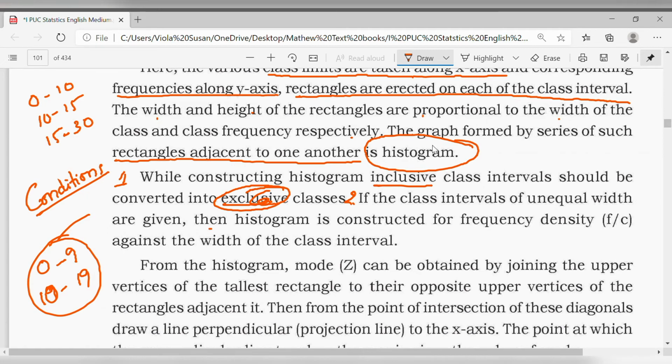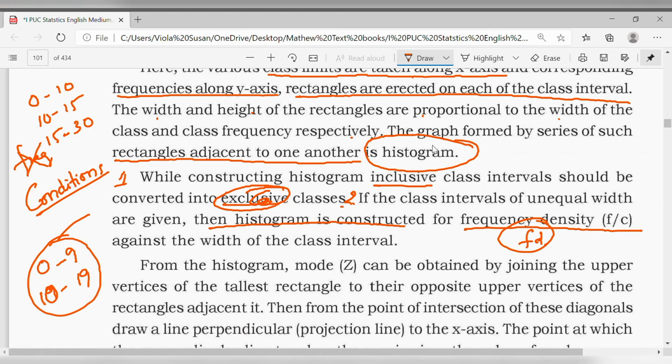Then the histogram is constructed for frequency density. We are not going to use frequencies, students. Frequencies are not supposed to be used. We are using frequency density. These are the two conditions.